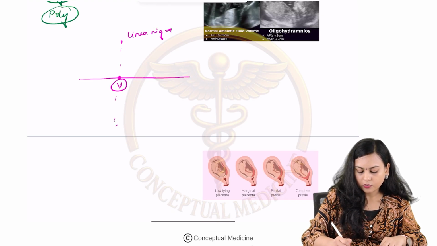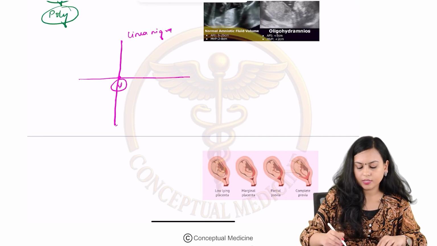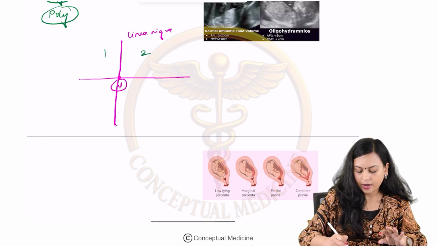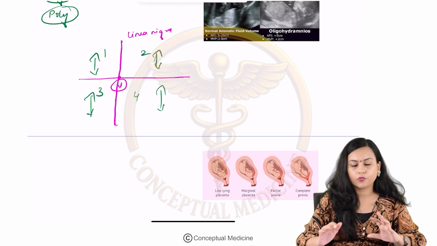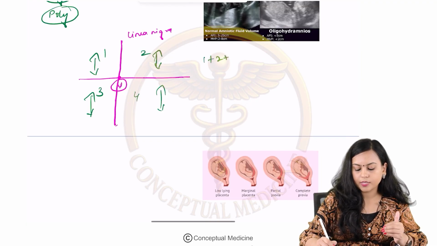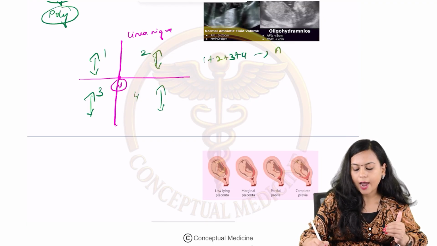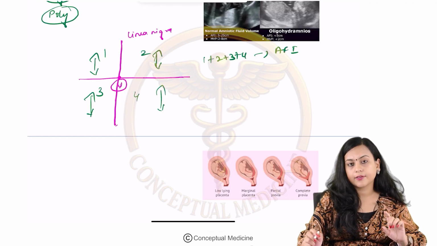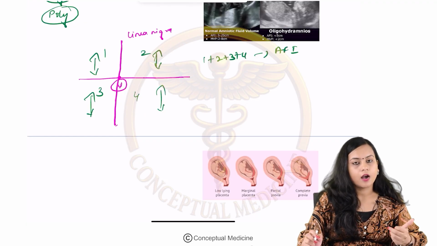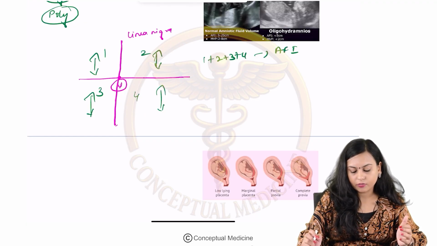We'll be drawing 2 perpendicular lines over this, and you'll be measuring the longest vertical pocket in these 4 quadrants, adding 1 plus 2 plus 3 plus 4, and you will find the amniotic fluid index. Remember there should not be any fetal parts or umbilical cord in the region you are measuring.